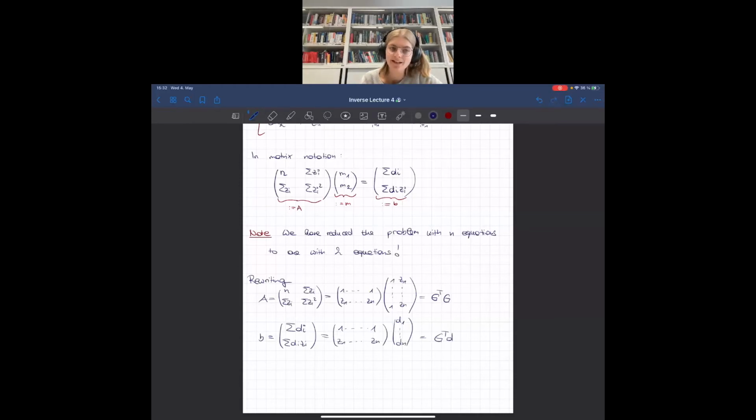So with that, we can define the so-called normal equations for the least squares problem. So we have G transpose G times m equal to G transpose times d.